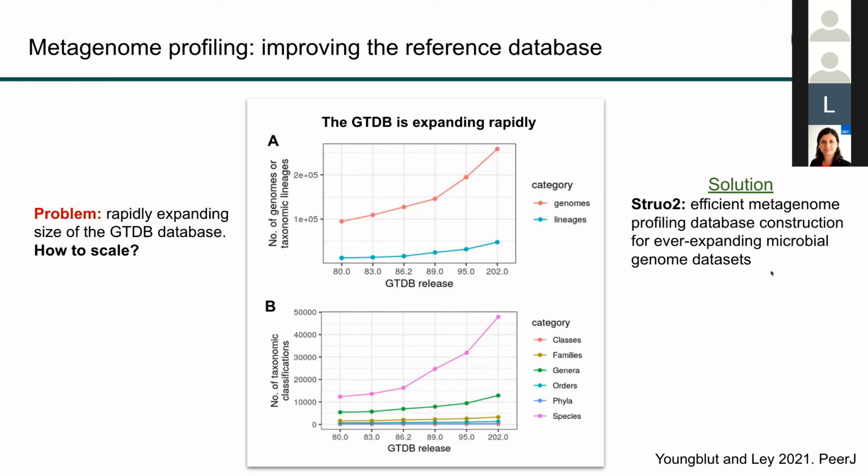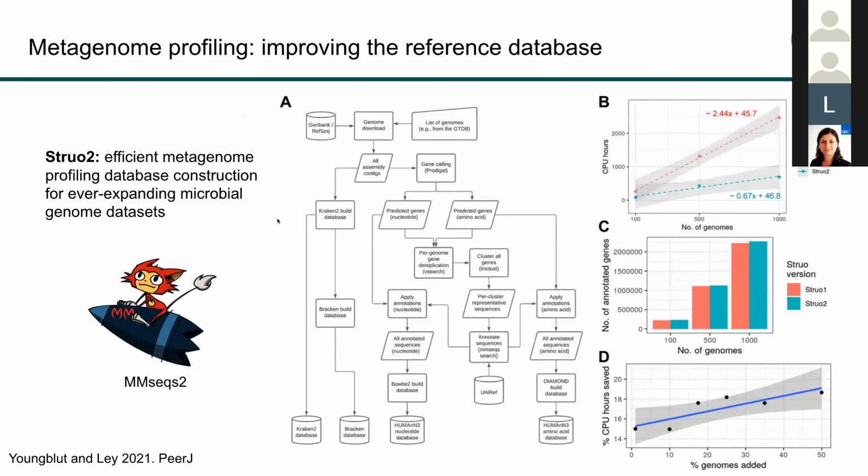So I tried to address this by creating a more efficient version of Struo. Just to briefly explain, I shifted the algorithm to rely heavily on MMseqs2. I won't go into details here, but using this approach, I was able to speed up the pipeline quite a bit, as shown here on the right.